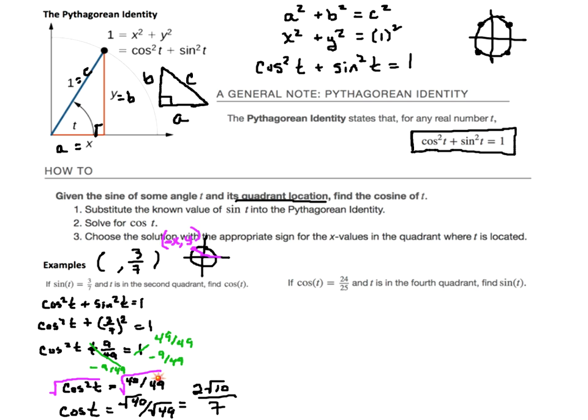So what I just figured out is that the cosine of the central angle t is equal to 2 square root 10 over 7, as well as the x-coordinate. The x-coordinate is 2 square root 10 over 7. Okay, green check or red X on that?